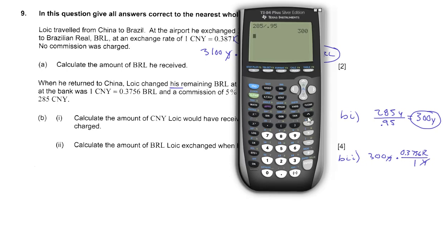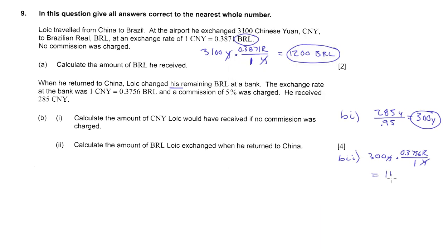So let's figure that out. 300 times 0.3756, right? Yep. Okay, and we get 112.68. Nearest whole number, so 112.68 is going to be 113. So he's going to end up with 113.